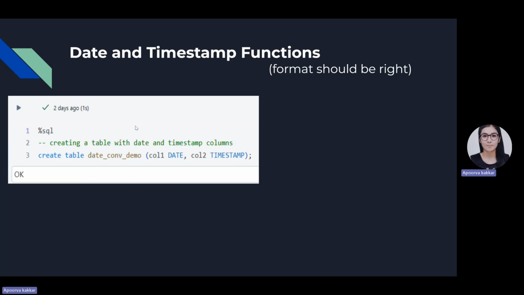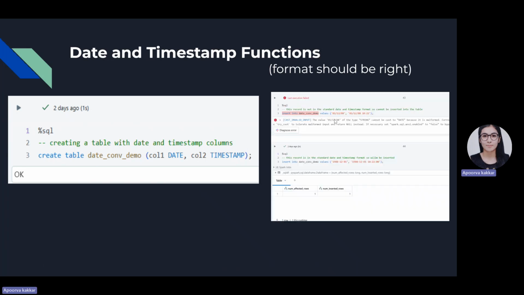And we try to add the values of our own choice. As you can see, this is a date and this is a date time zone, but it is giving an error because the format that we are using is not appropriate according to SQL. So we can add the values of this format only, as in the below example, because this is the format which is supported by SQL.